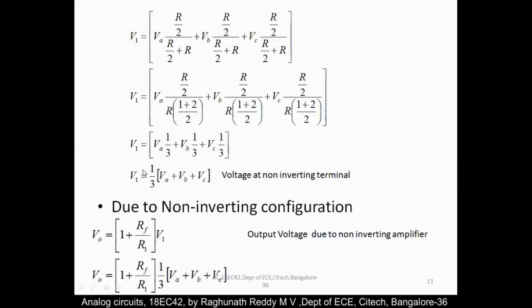So V1, the voltage applied at the non-inverting terminal, equals 1 by 3 into VA plus VB plus VC. Now, due to the non-inverting configuration, output voltage V naught equals 1 plus RF by R1 into V1, where V1 is 1 by 3 into VA plus VB plus VC, and 1 plus RF by R1 is the gain of the non-inverting configuration.